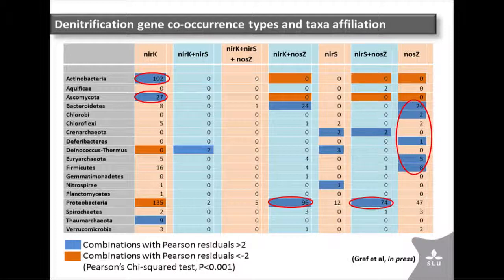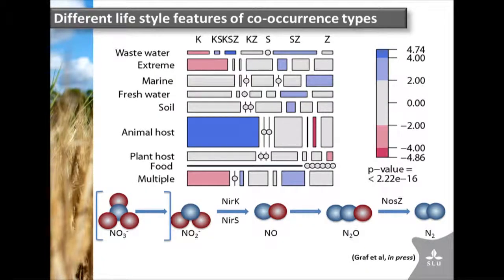We did the same tests to see where these genomes have been isolated, to also have a look at whether there is a relation to the lifestyle or preferred habitat of these co-occurrence types. And we can see from this picture, it's basically the same table as you saw before, but instead of taxa, we have the preferred habitats of the genomes.